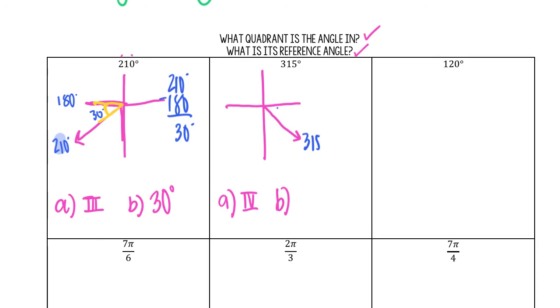To find the reference angle, the angle that it forms with the x-axis, think about the closest x-axis value, 360. Our job is to figure out how far apart 360 and 315 are. You should get that the reference angle is 45 degrees.